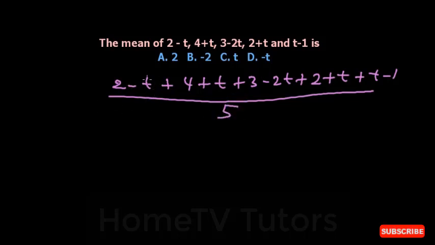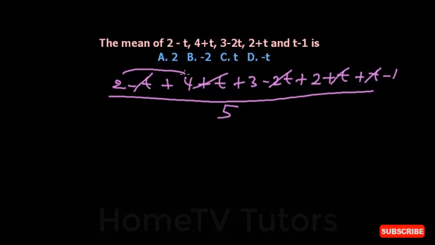Okay, minus t plus t cancels this t out. Minus 2t plus t plus t gives us zero, so this cancels out.